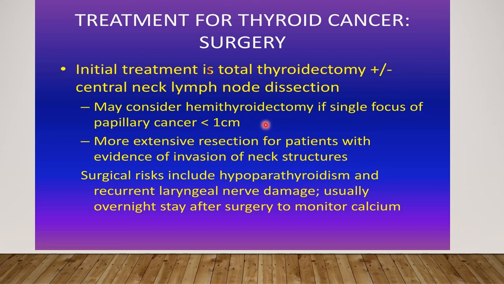So for them, you can do a hemithyroidectomy or lobectomy. More extensive resection for patients with evidence of invasion of neck structures may have to be carried out. Surgical risks of extensive treatment, especially total thyroidectomy, include hypoparathyroidism and recurrent laryngeal nerve damage. And they usually require longer stay in the hospital after surgery to monitor the calcium levels.